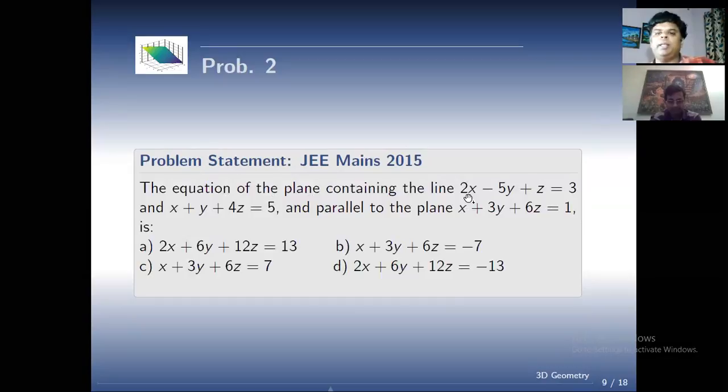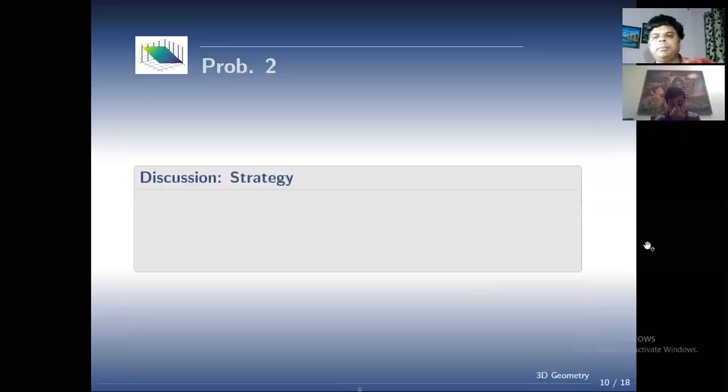When 2x minus 5y plus z equals 3 intersects with x plus y plus 4z equals 5, you get a line. And that line is contained in this plane, and it is also parallel to the plane x plus 3y plus 6z equals 1. So what might be a strategy to solve this problem?